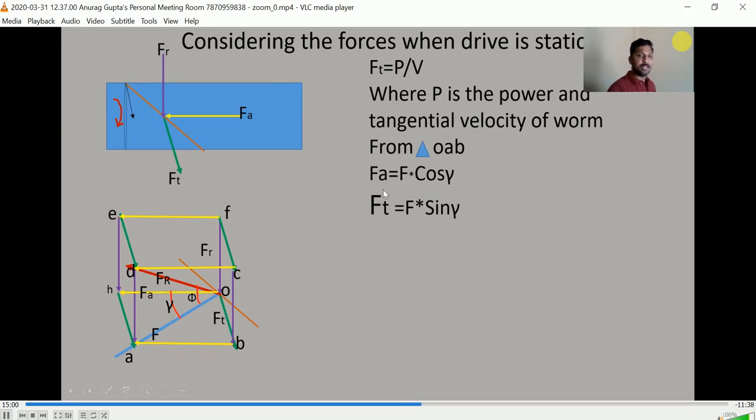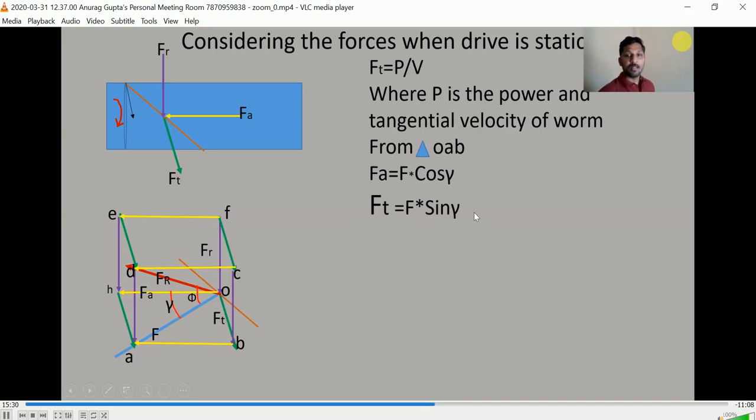If this angle is gamma, then this angle OAB will also be gamma because it is an alternate angle. The magnitude of line OA we have termed as F. So we can write down FA is equal to F cos gamma and FT is equal to F sin gamma.